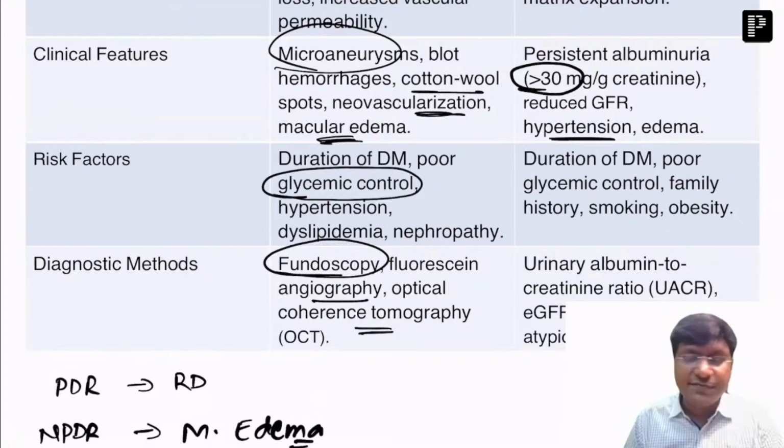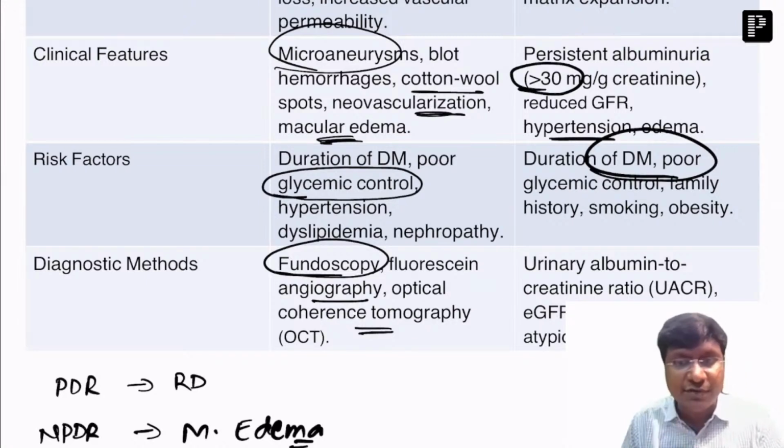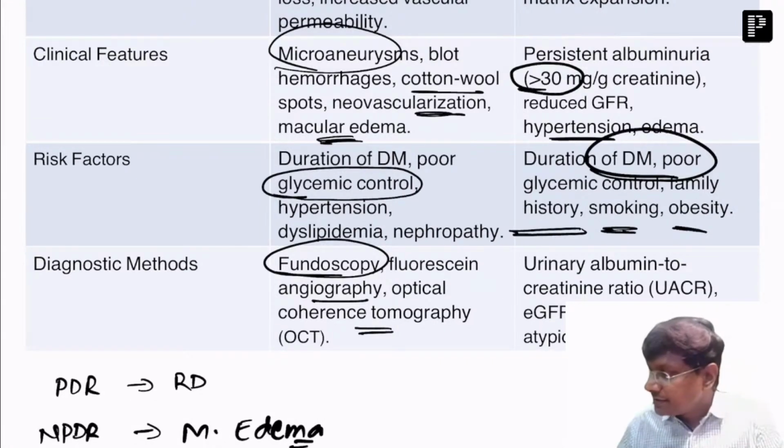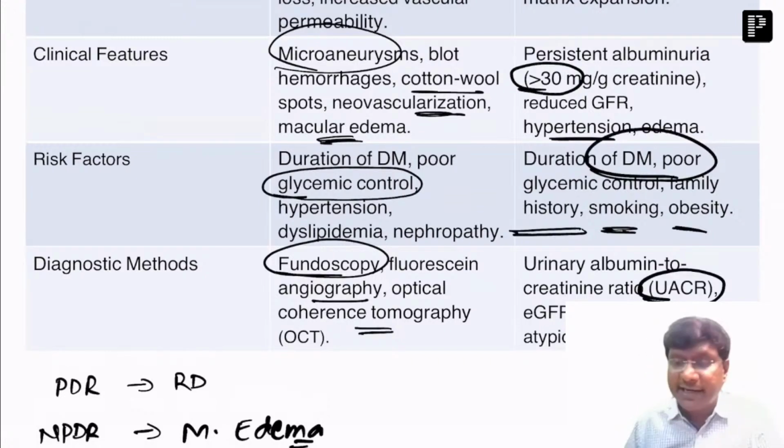And what are the risk factors for diabetic nephropathy? Same thing. Poor glycemic control. When the HbA1c is more than 7%, there is a chance of diabetic nephropathy. Then family history, smoking, as well as obesity. And how will you diagnose diabetic nephropathy? You need to do the urine albumin to creatinine ratio. That is the ideal method for estimating the urine spot albumin.